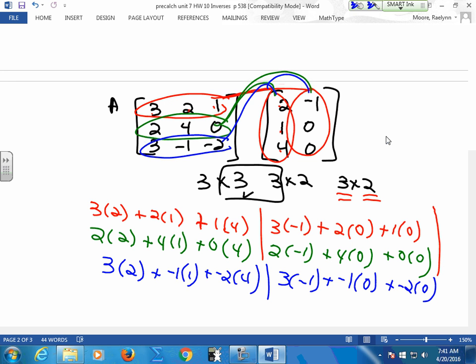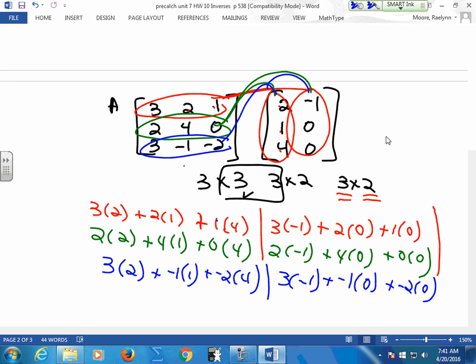All your 2's, all your 1's, all your 4's. Second column, all your negative 1's, all your 0's. You'll spot right away if something was off. Here's your second column: 2, 4, negative 1. Here's your third column: 1, 0, negative 2. You'll know right away if something's wrong.